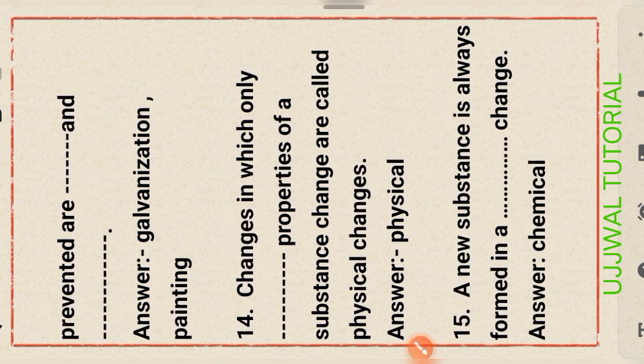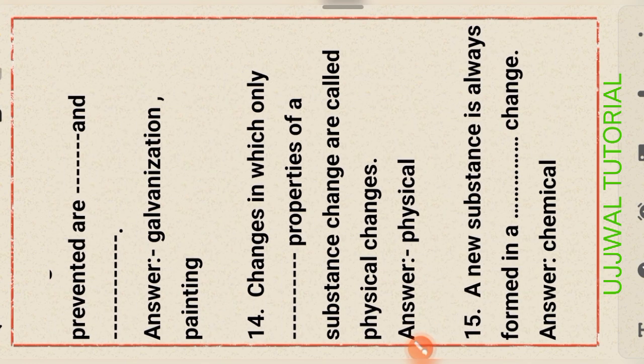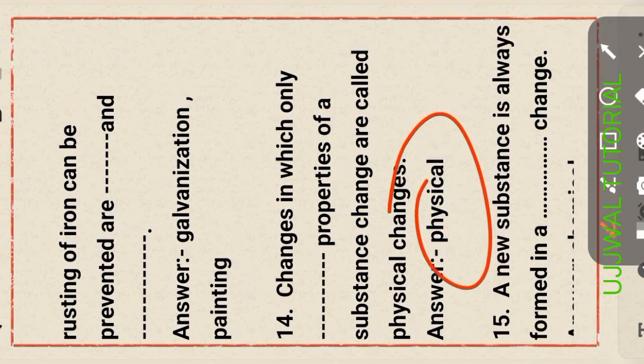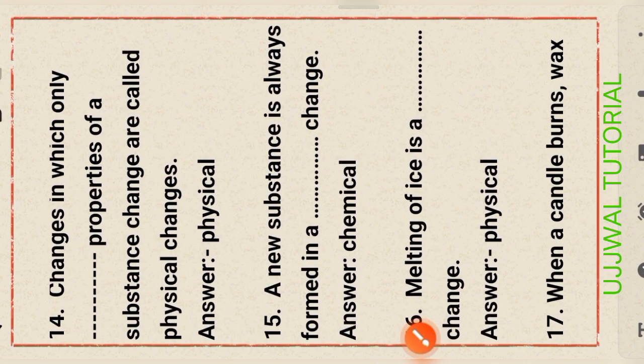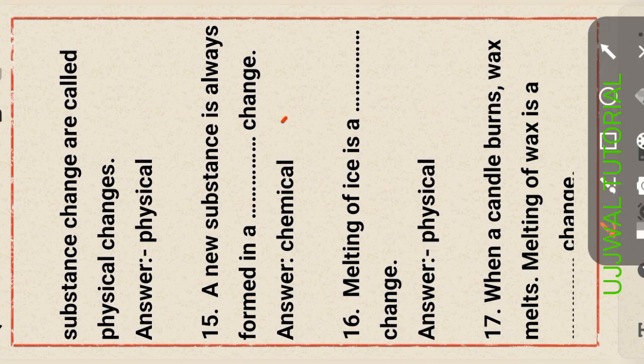Next question. Changes in which only physical properties of a substance change are called physical change. Next question. A new substance is always formed in a chemical change, because the composition changes from initial to product. Next question.